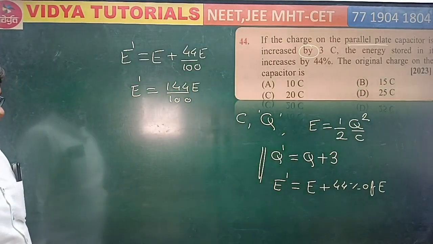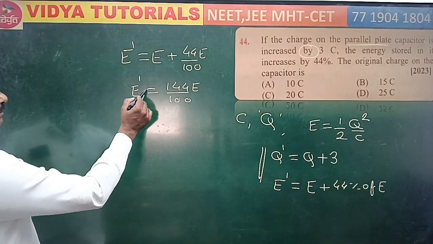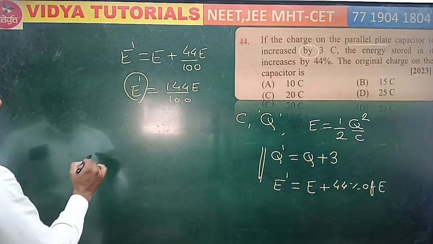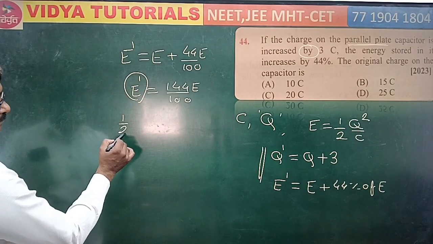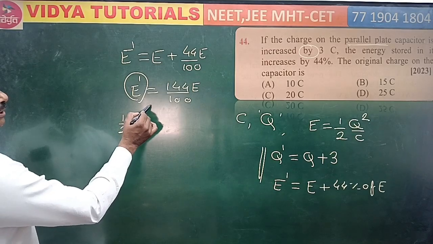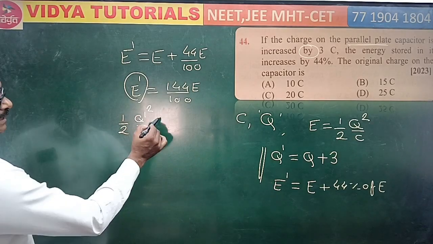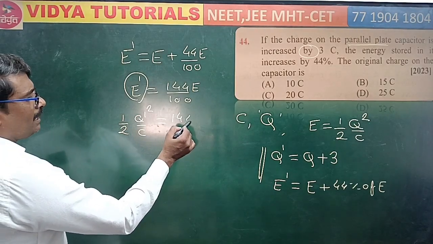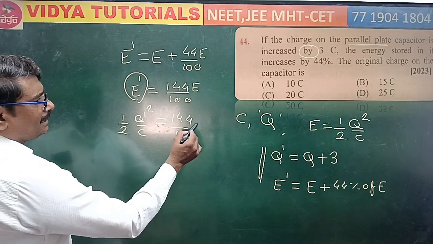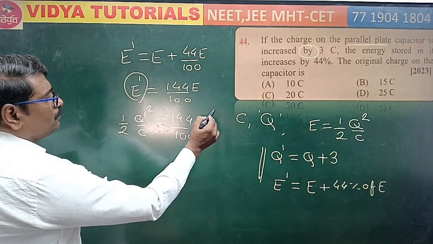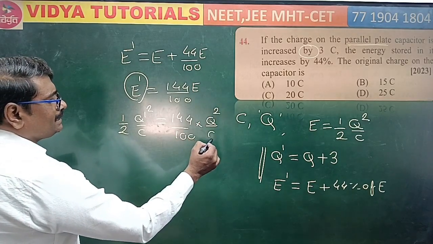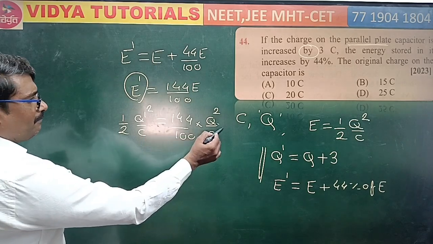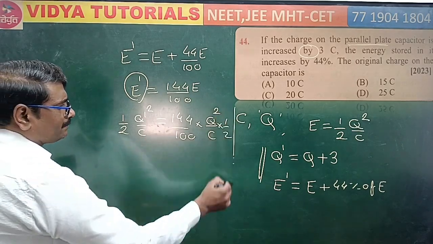Use the formula of E dash as half Q dash square upon C. Here 144 upon 100 E, as again half Q square by C, and again here half. Half on both sides.